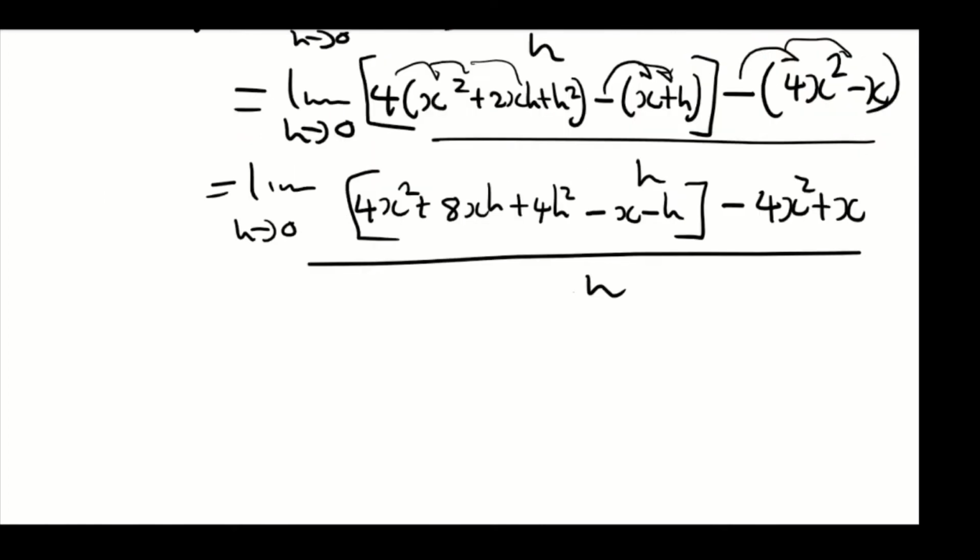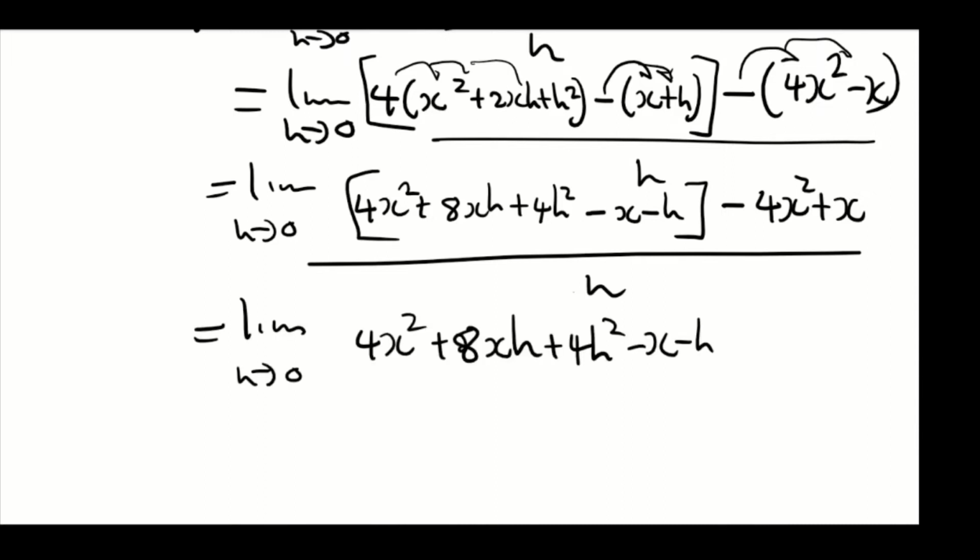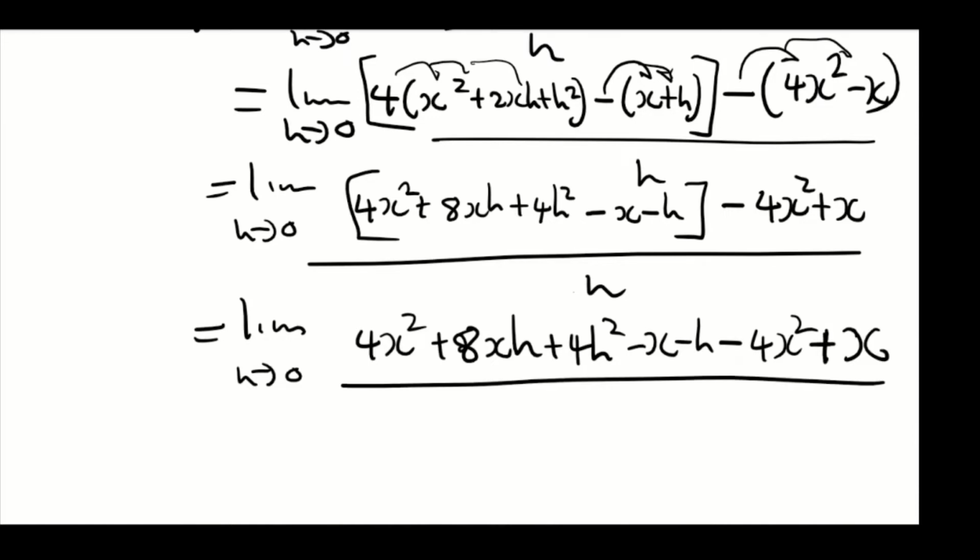So we're going to have the limit when h approaches 0 of 4x squared plus 8xh plus 4h squared minus x minus h, minus 4x squared plus x, so it's plus x there, divided by h.